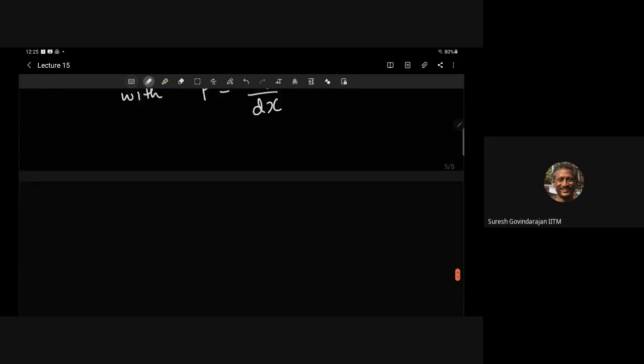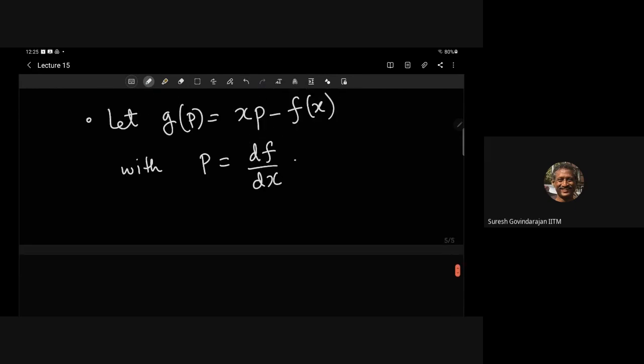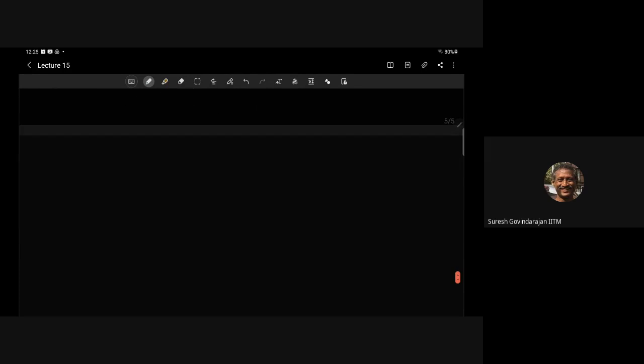Okay, so let's draw a graph and try to understand what this means. What is this g of p?